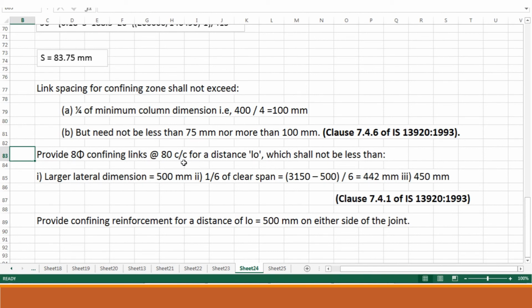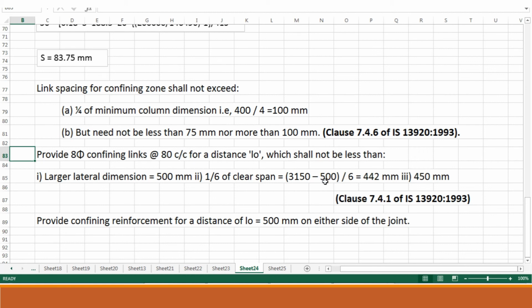So what we are providing is 8 mm phi confining links at 80 mm center to center for a distance L0. Now this L0 we have defined in the earlier lecture for the confining zone, special confining zone. It should not be less than, as per clause 7.4.1 of IS 13920, larger lateral dimension, that is 500 mm, and 1/6 of the clear span.